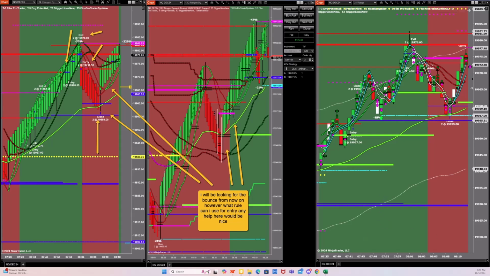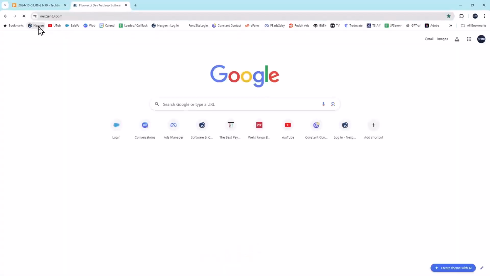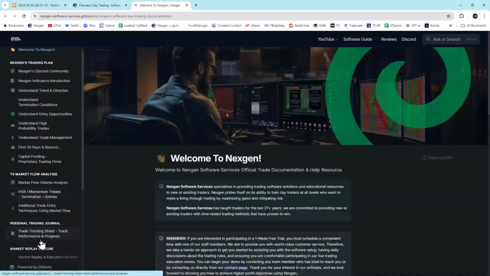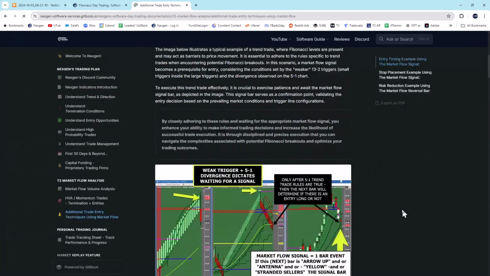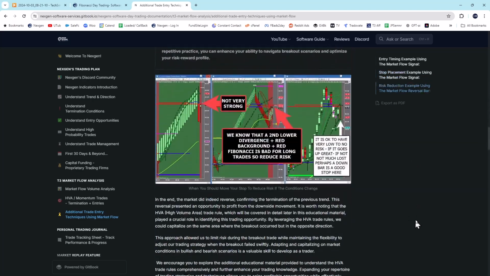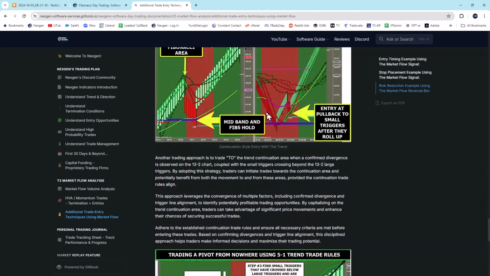I'll show you the picture. Under additional trade entry techniques, it's called the continuation entry. Jonathan, let's see if I find that picture.